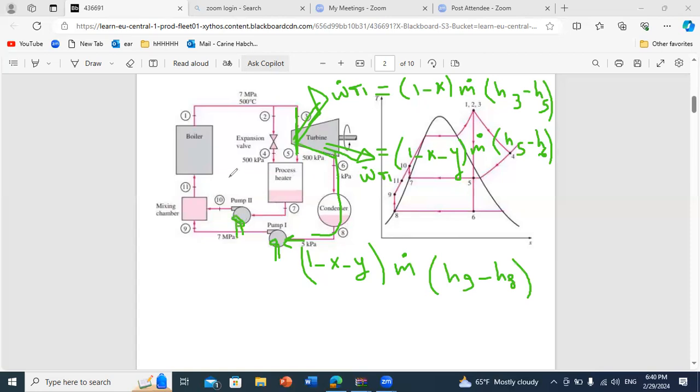We already discussed it. It's x plus y. So m dot times (x plus y) times (h10 minus h7). Then I can calculate W dot net, because W dot net is W dot turbine 1 plus W dot turbine 2 minus W dot pump 1 minus W dot pump 2.